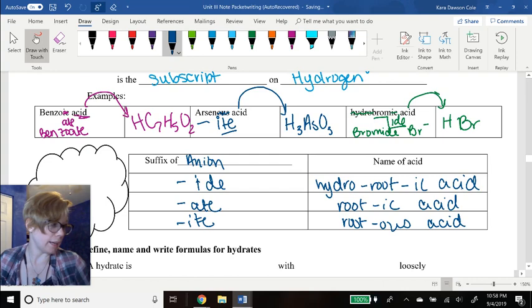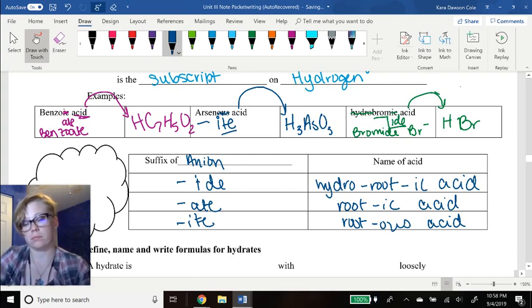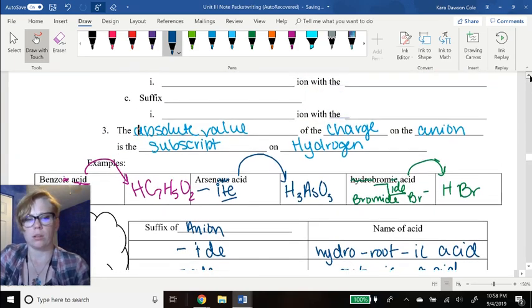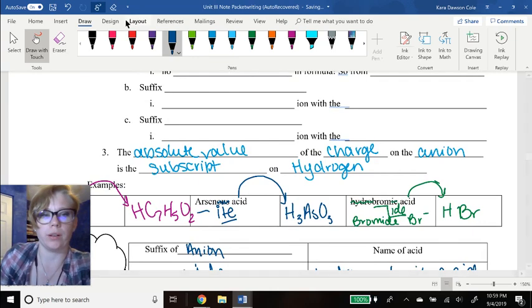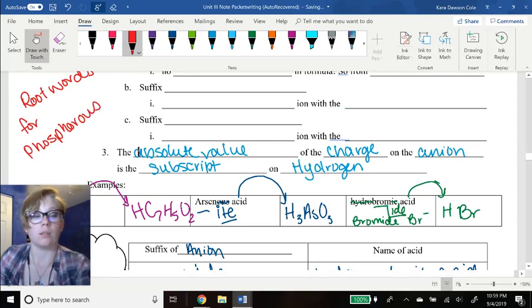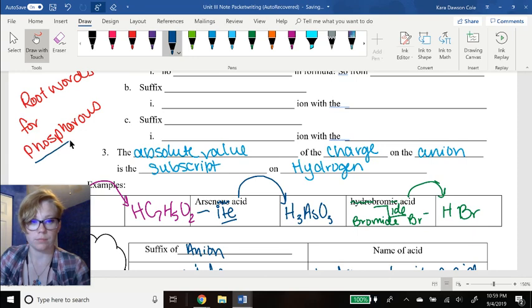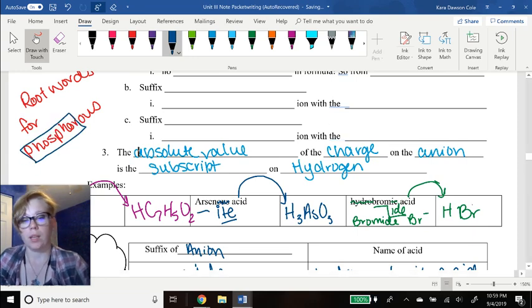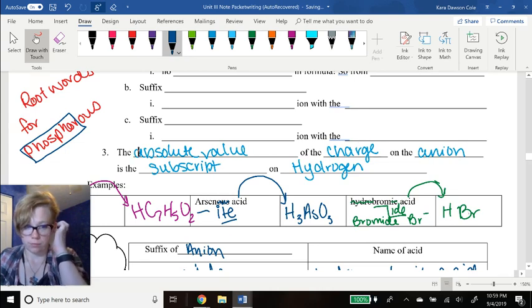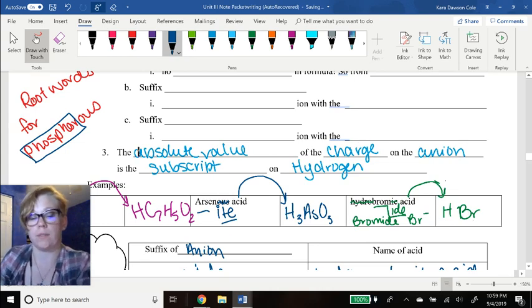Now, there are a couple of root words that are not really known, essentially. The root word for phosphorus is phosphor.